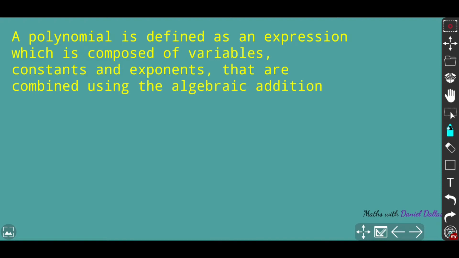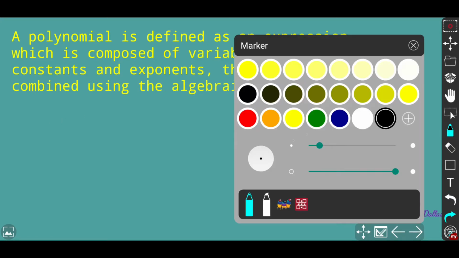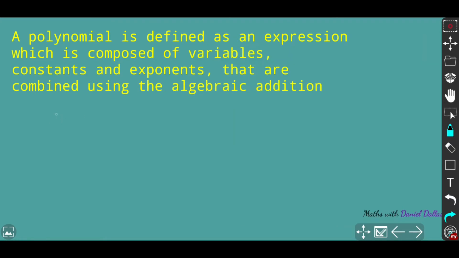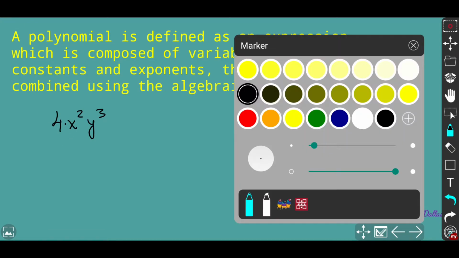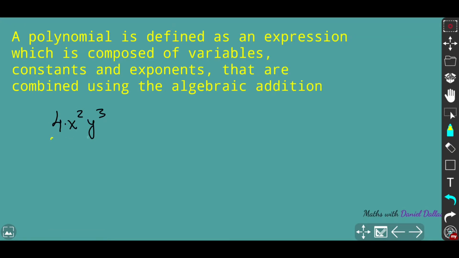So I'll write out an expression with a single term and let it be, for example, 4x squared y cubed. So that's the single term. As you can see, it consists of a number part, which is 4 in this case.